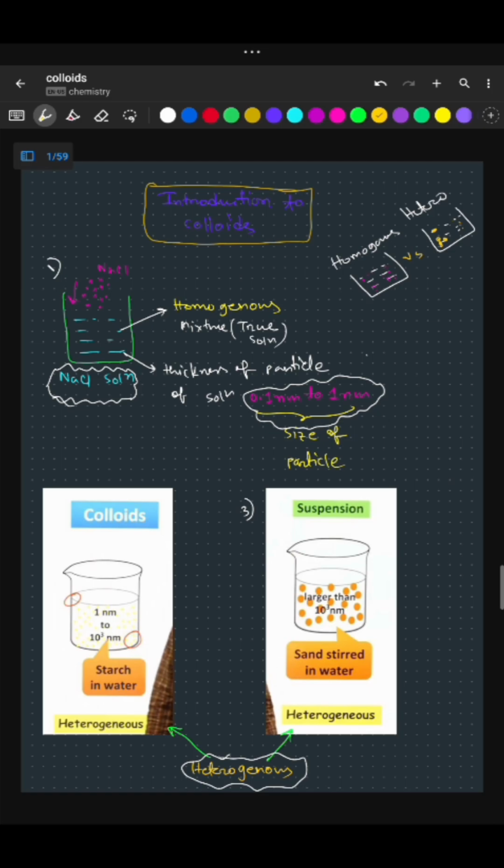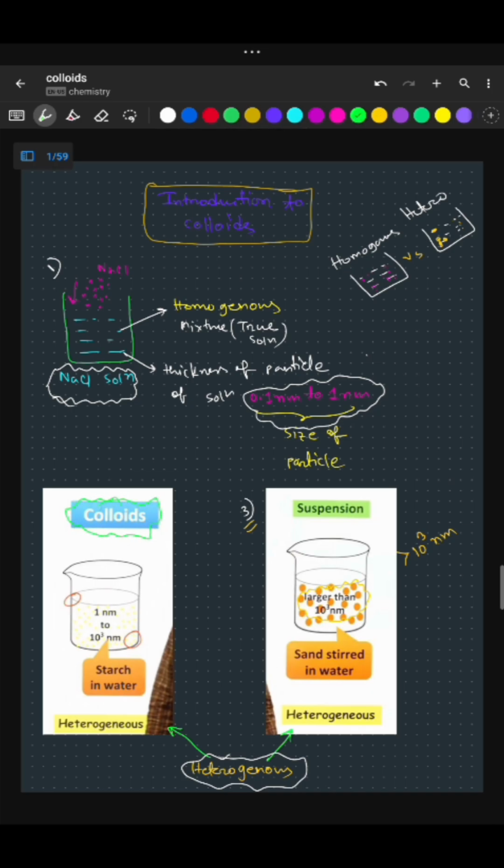So what do we see here? The third type is a suspension solution, where it is a heterogeneous solution, and in a suspension solution, it literally has the largest sized particles, which is probably above 10 to the power 3 nanometer. And in between suspension and true solution, we have a mixture which is known as colloids.